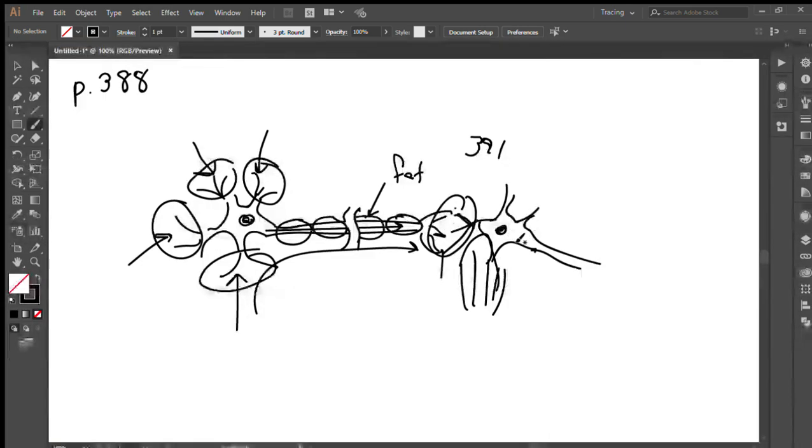Or it's going back to the brain, it's transferring information from the eye or something like that. So those neurotransmitters then cross that really small boundary and activate the next nerve to send its information on.